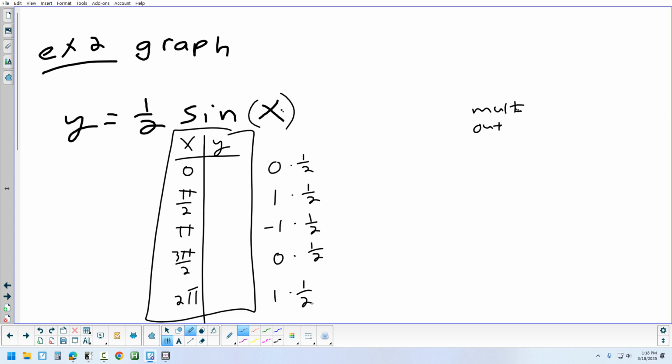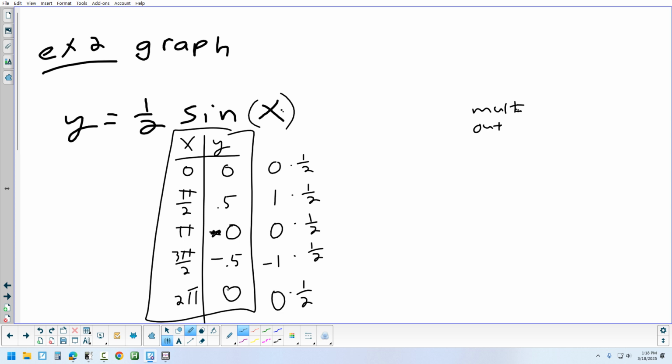So 0, 0.5, 0, negative 0.5, 0. Yep. So those are your y values. Okay, make sure you copy the originals right. I don't know why I had them off.